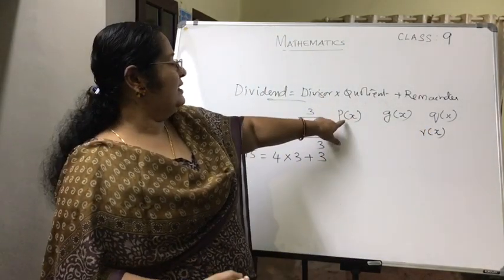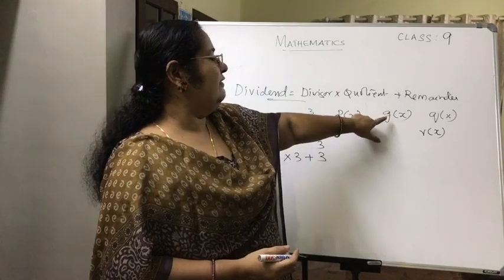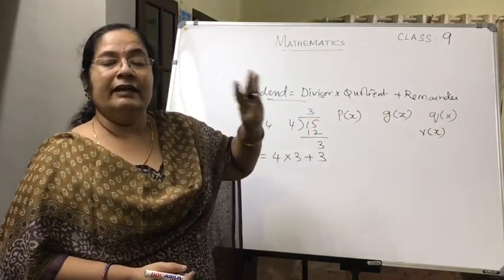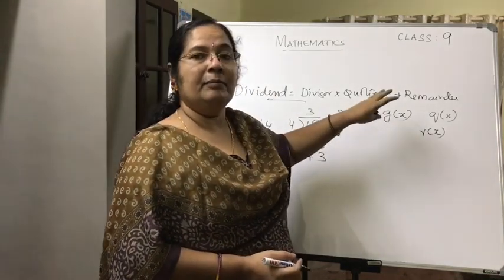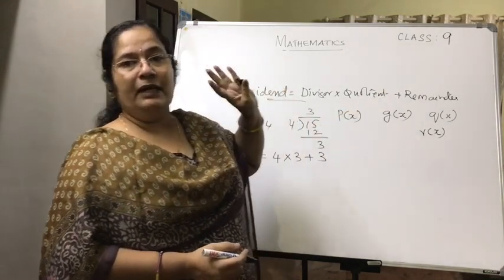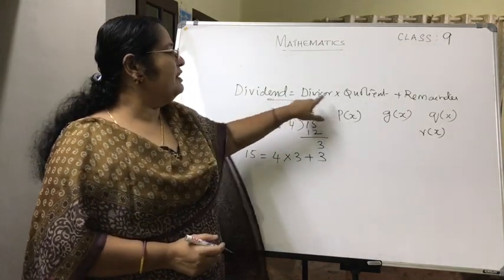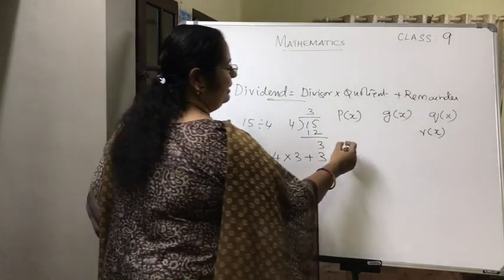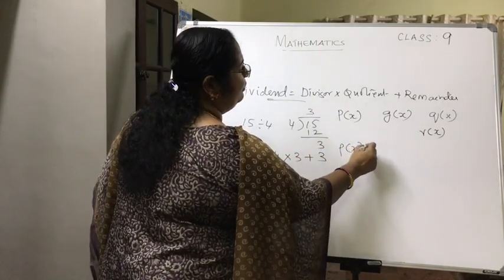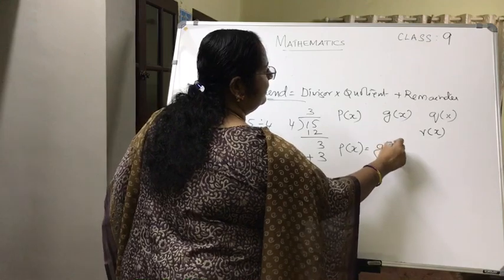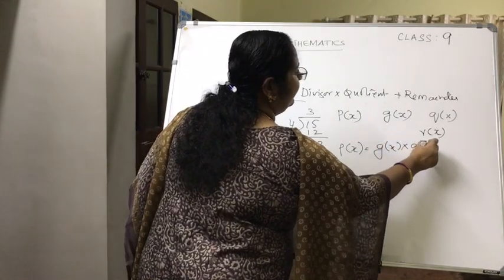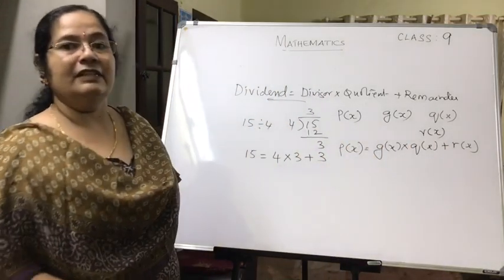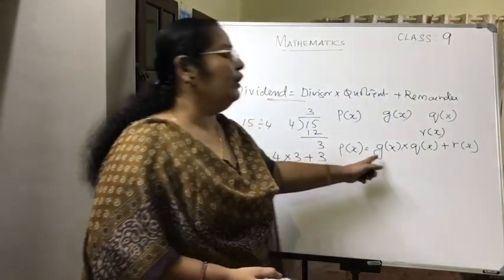So here p of x is the dividend, g of x is the divisor, q of x is the quotient, and r of x is the remainder. This is all for polynomials in the variable x. Now, the division fact for polynomials can be written as p of x is equal to g of x into q of x plus r of x. Is it clear?